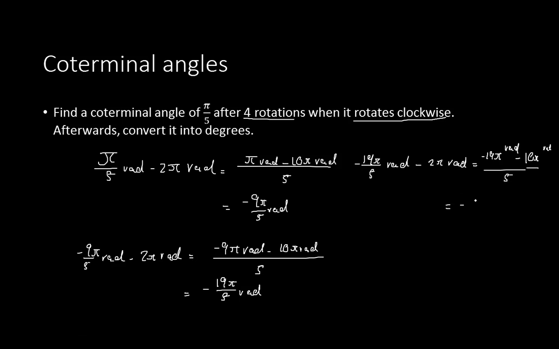So here we will have negative 29 pi all over 5 radians. That's for the third. Now for the fourth rotation, negative 29 pi all over 5 minus 2 pi radians. So here we will have negative 29 pi minus 10 pi radians. Don't forget to put radians. So here we will have negative 39 pi all over 5 radians.